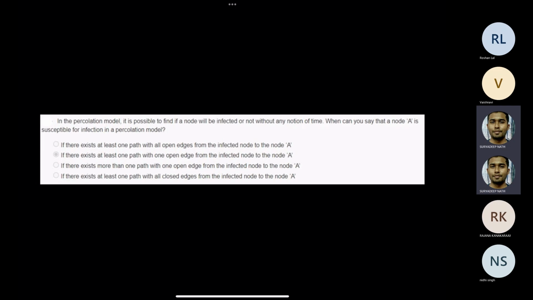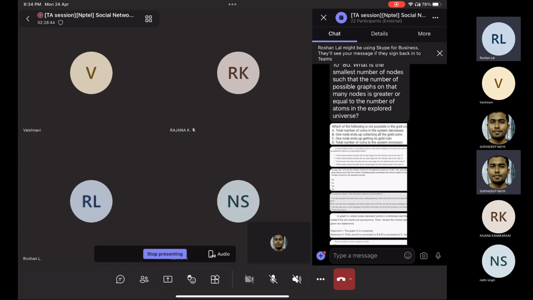So I think if there exists at least one path with all open edges, option A is the right answer, because if in that path there is one closed edge and one open edge, then the infection won't percolate. So all the edges have to be open. There should be a path where all the edges are open, for the infection to percolate. I think option A is the right answer. Okay, sir. Yes, sir. That is right, sir.